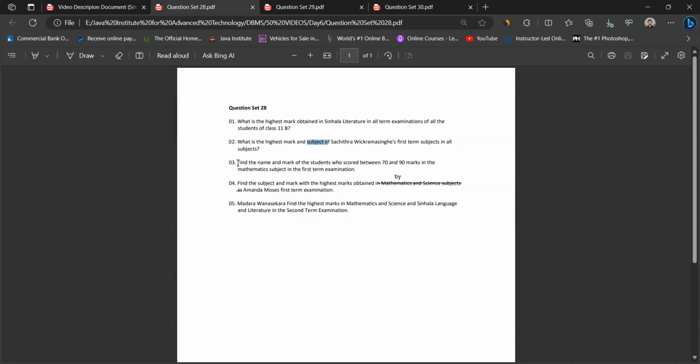The third question says: find the name and the mark of the students who scored between 70 and 90 marks in the mathematics subject in the first term examination. Here we have to display the name as well as the mark of the student.